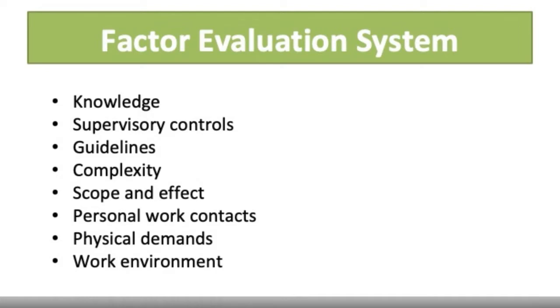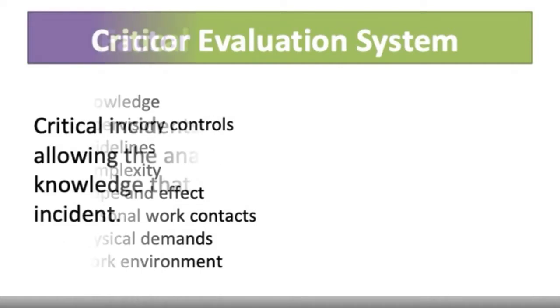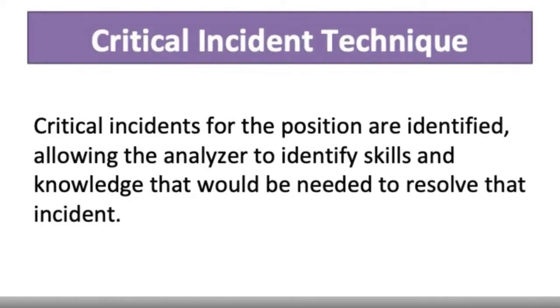This makes the job analysis a more uniform process and makes it easy to compare 2 positions that may appear very different. Critical incident technique. This system uses a more practical approach. Critical incidents for the position are identified, allowing the analyzer to identify skills and knowledge that would be needed to resolve that incident.